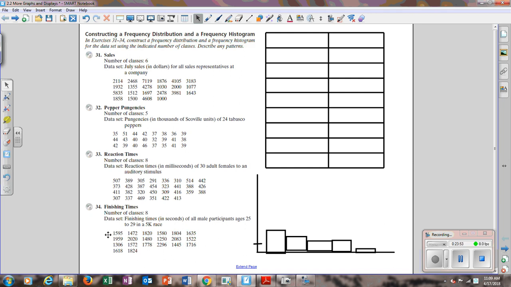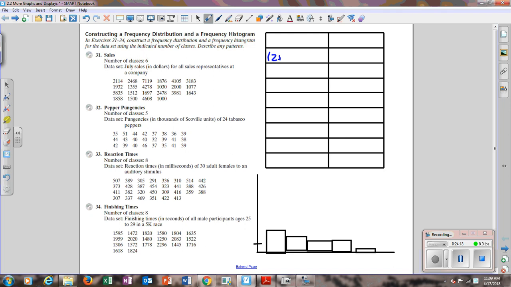Your highest number is 2296. So you do 2296 minus 1250. And then you divide that by 8. That gives you 130.75. So 131.